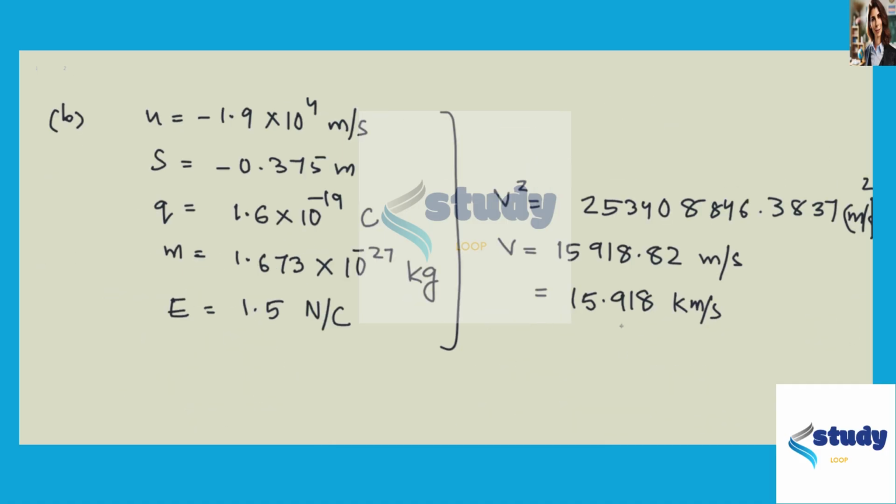And similarly, this is 15.918 kilometer per second. So this is the final velocity of the proton, and that's part B.